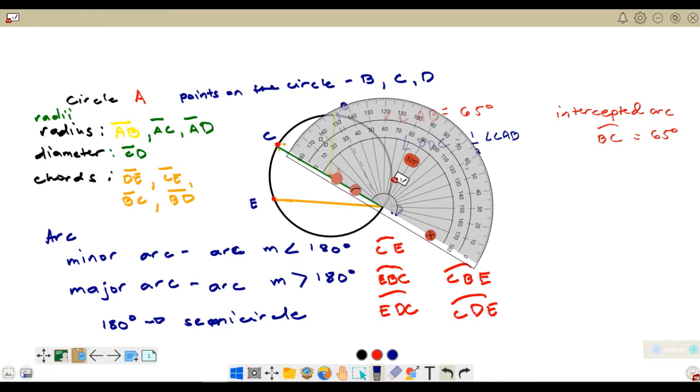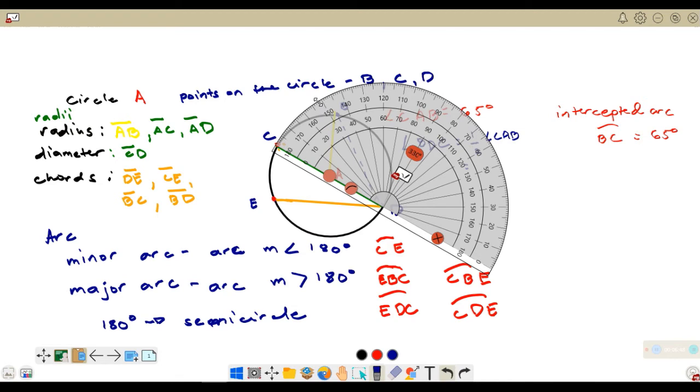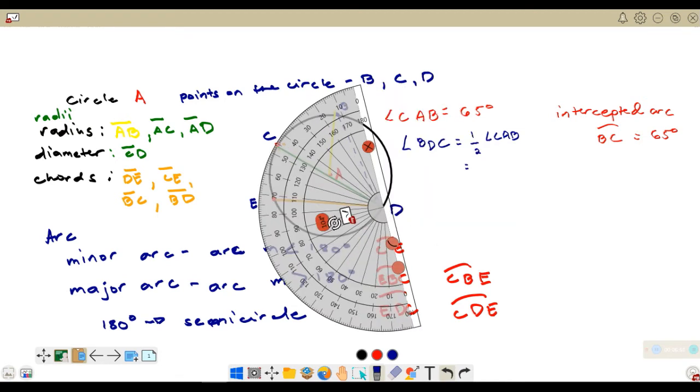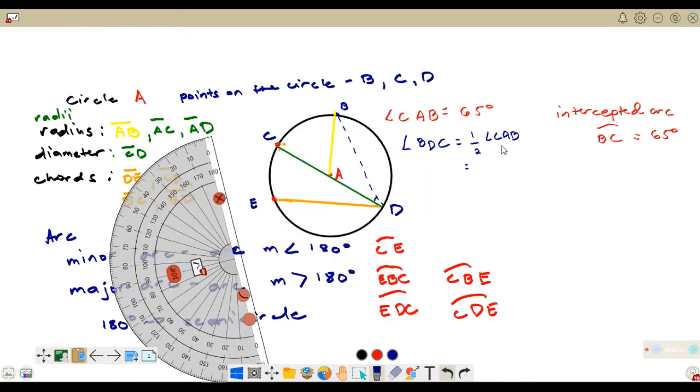Yan. Ginagawa ko mas accurate as much as I can. Pinaplot ko siya ng mas maigi. Ayun. So, this is about 32.5 or kalahati talaga nung 65. So, this is 32.5. Nakita naman natin dun sa actual na measurement.